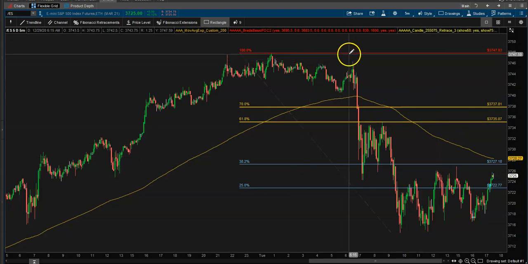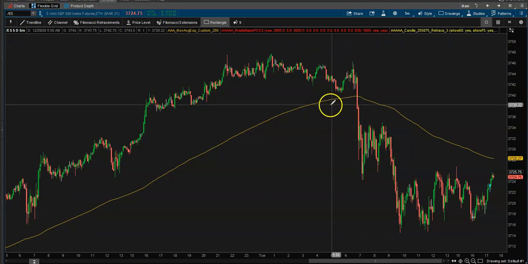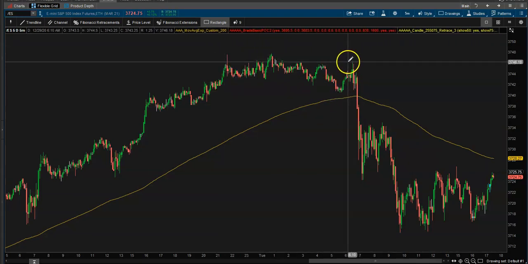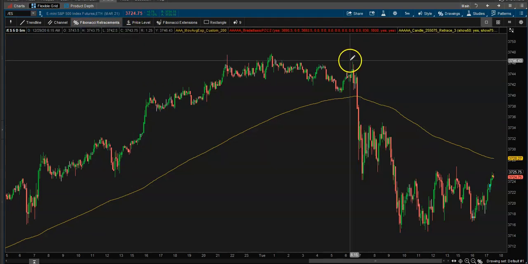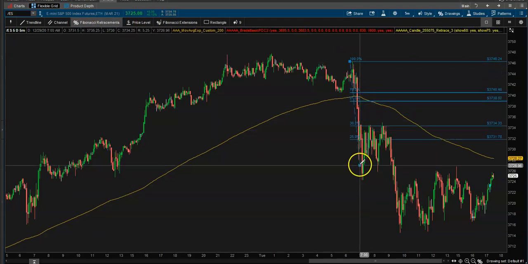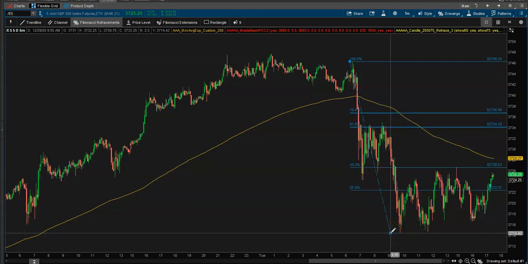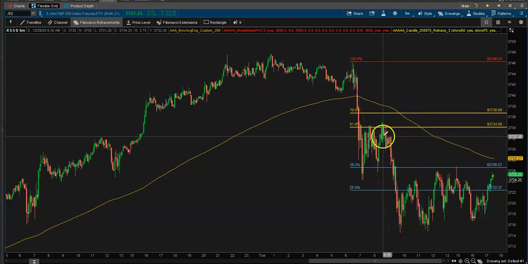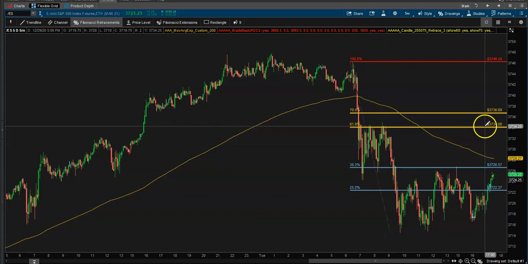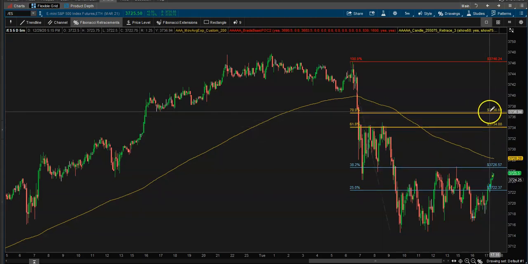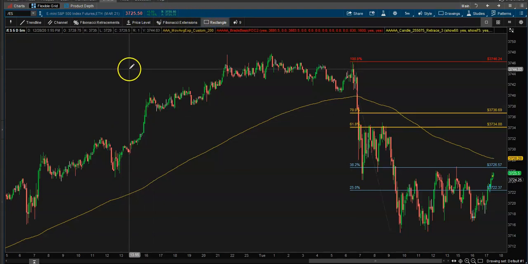Okay, that's one way. Let's look at this trade because this is the last high before all this breaks down, right? So let's grab the Fibonacci retracement from that high all the way down to this low right here. Well, we could see somewhere around here, the 61, there should be resistance more than likely. And look at the 70, it's all of this price action right here.